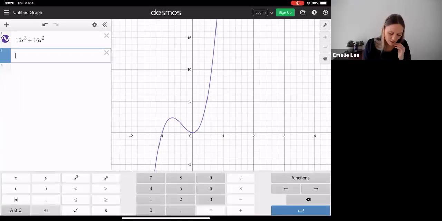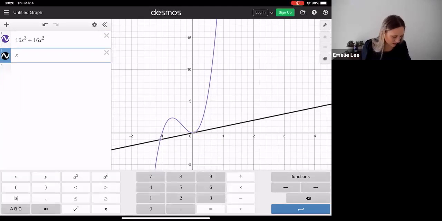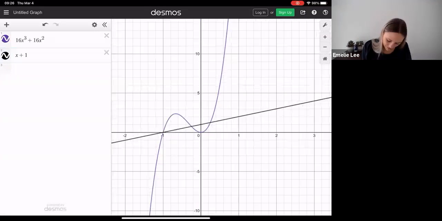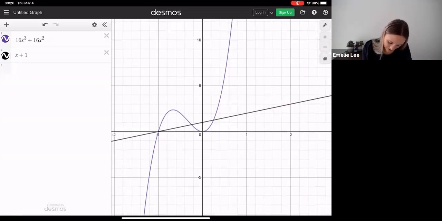Okay, so that's good. And then x plus 1. And just like I expected, it's got a positive slope, so it's heading up in the positive direction. And now, let's talk about some points of intersection here.